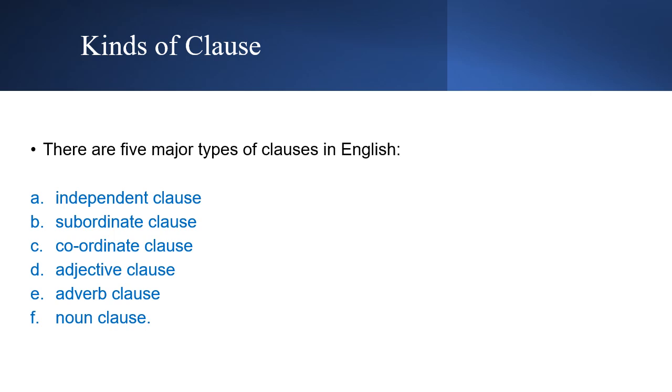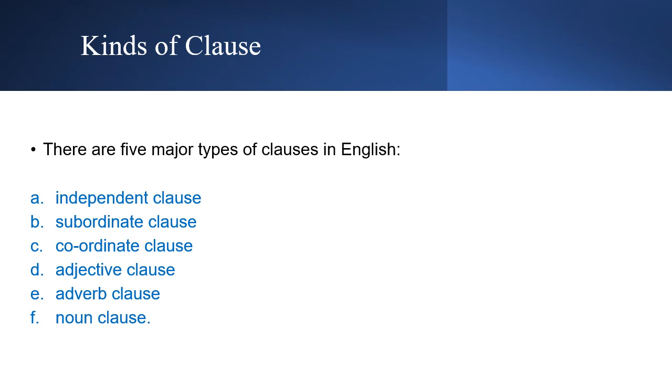Now on this slide we have some different types of clauses. Although there are others, these are the major types of English clauses: independent clause, subordinate clause, coordinate clause, adjective clause, adverb clause, and noun clause. As we discussed in our previous lesson, in the phrase lesson, if it is an adjective phrase, it means that phrase must have an adjective.